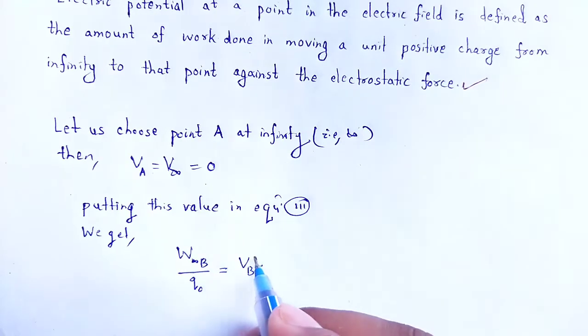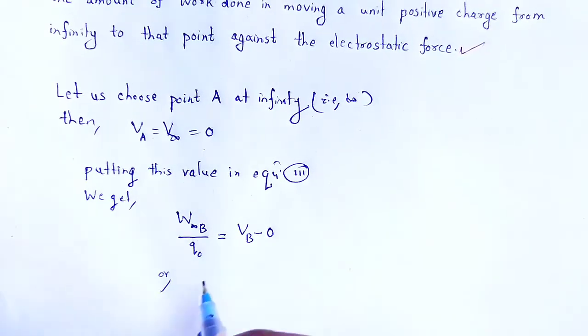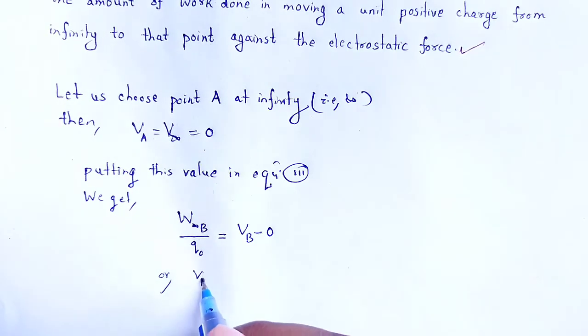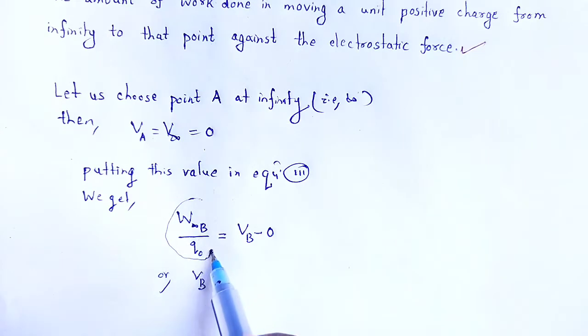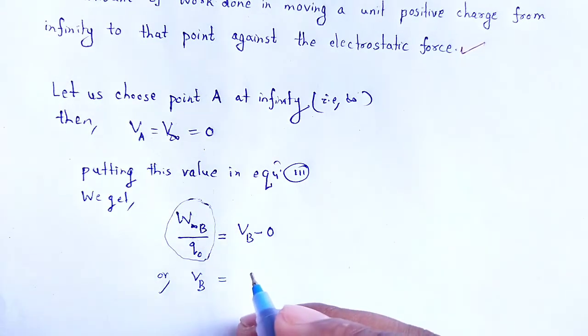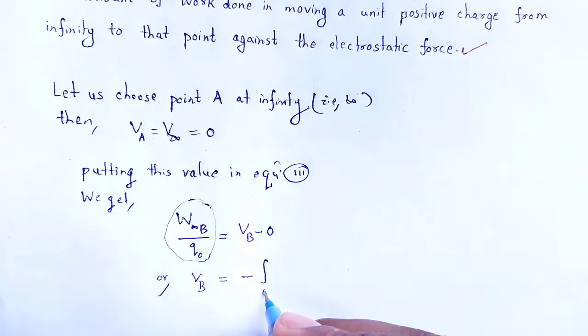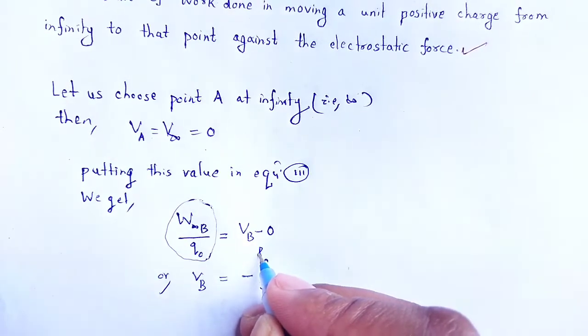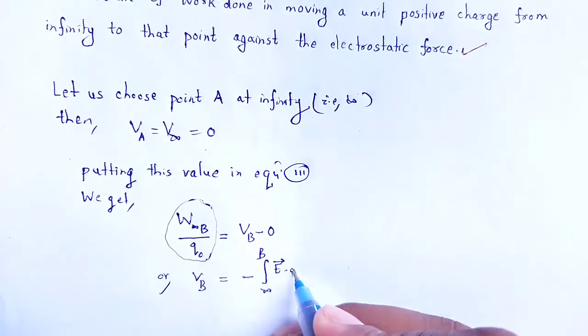So, Va is 0, or we have Vb is equal to W infinity B divided by Q naught. That value will be negative of integration from infinity to that point B, line integration of that electric field E dot dl.